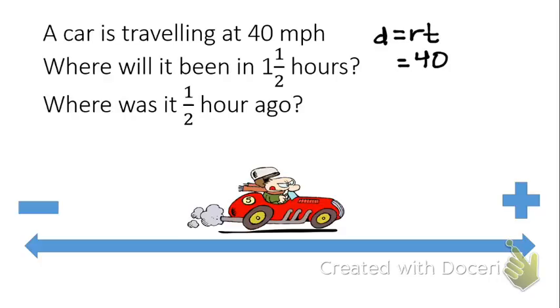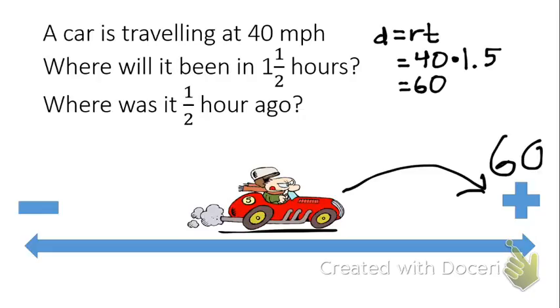The time in this situation is 1.5, however you're most comfortable writing that. So 40 times 1.5 is going to be 60 miles. So we know he's going to have headed in this direction, and then after 1.5 hours, he'll be right there.